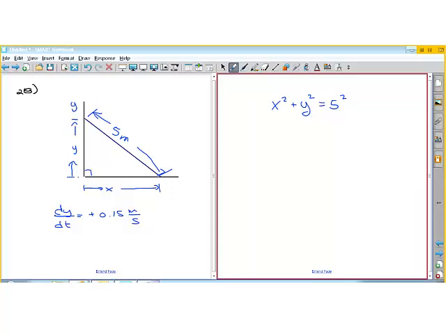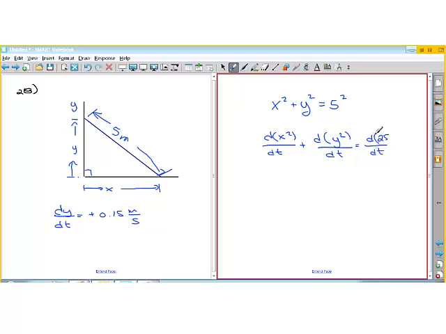But what we're looking at is the derivative with respect to time. So we take the derivative of x squared with respect to time, and we add the derivative of y squared with respect to time, and that equals the derivative of 25 with respect to time.